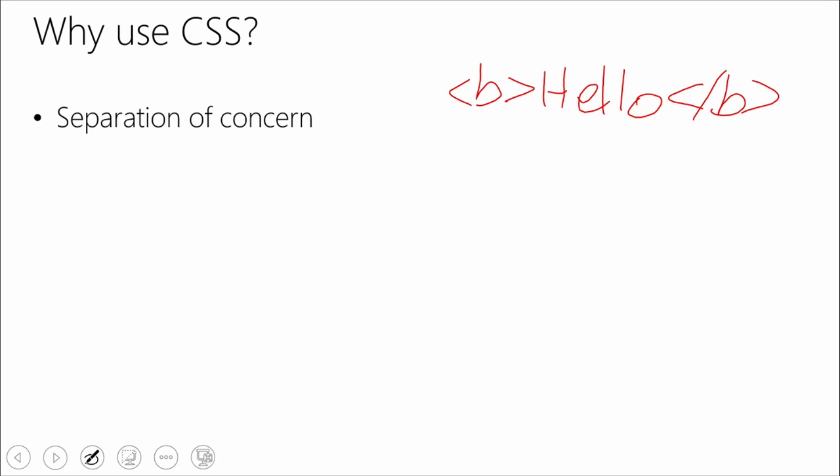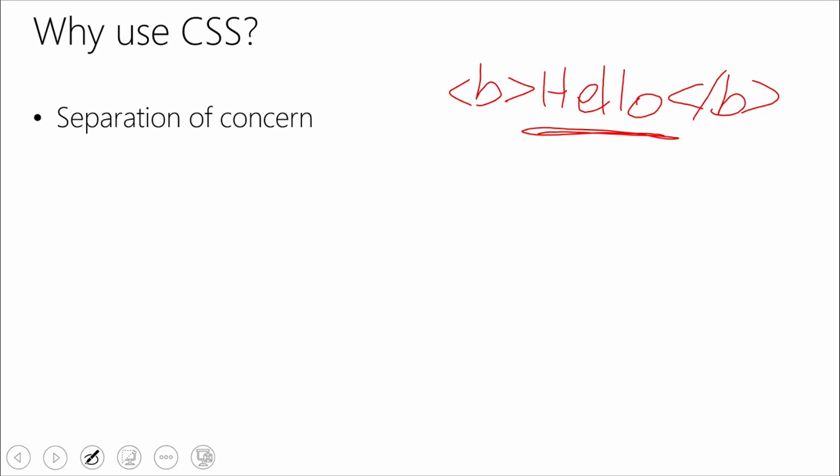It'll make the hello bold, but is that a really good way to do things? Not if you want to, for instance, repeat this or apply it to a couple of different elements. Absolutely. Or if you want to change it even. Yeah, that's exactly it. Because what we've now said is that hello has to be bold. That's it. And so the first big problem is, what happens if you want to change that? Or what happens if you want to be able to change that based on the device?